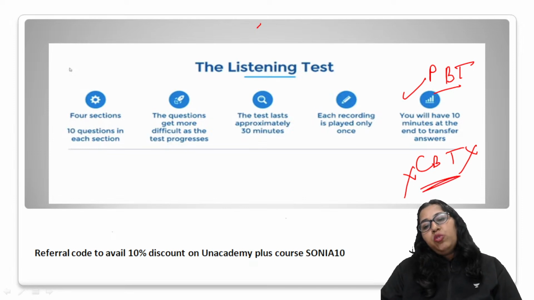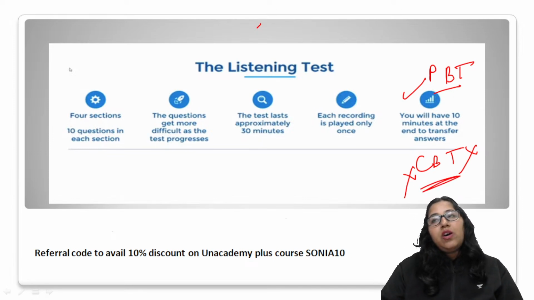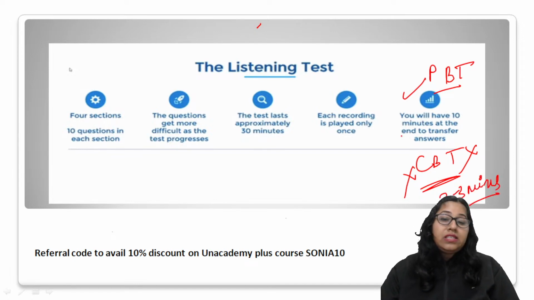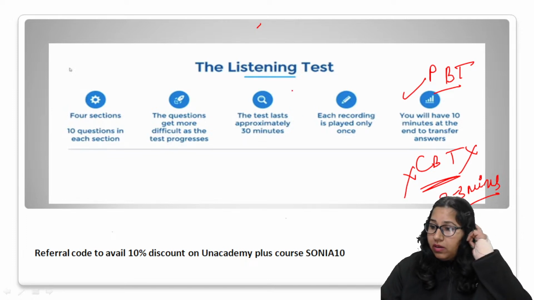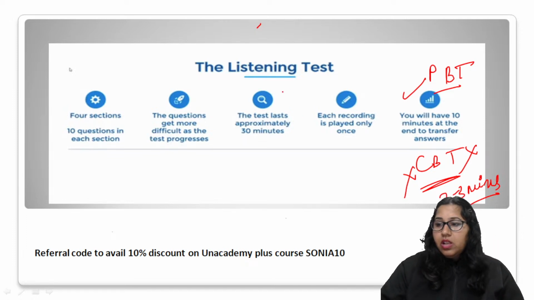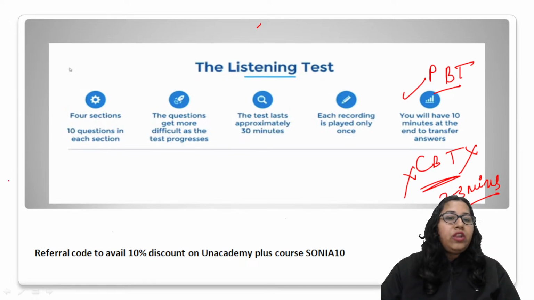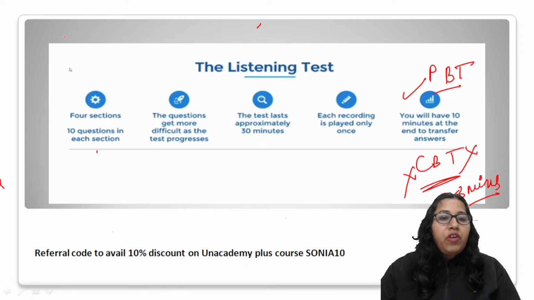At the end of the computer-based test, once the audio is played, you will get 2 to 3 minutes extra time to check your answers. But when it comes to the paper-based exam, you will get 10 extra minutes. So this is what your listening test looks like on an overview.